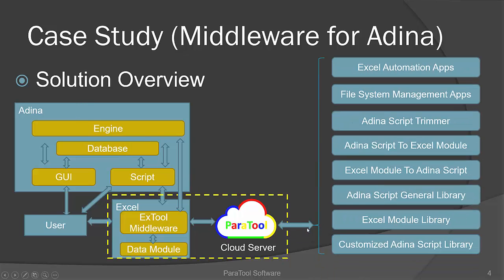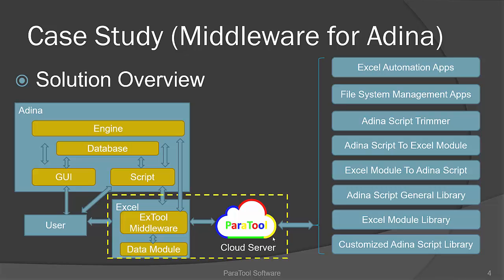The tools available through the ParaTool cloud server have a variety of categories, including Excel automation, file system management, or, for Adina specifically, you can trim the Adina script. You can convert the Adina script to a key concept of this middleware, which is the Excel input module or data module, and go back and forth between the Excel module and the Adina script.